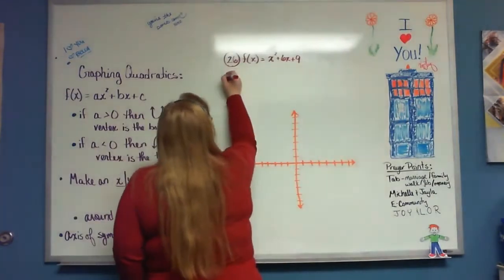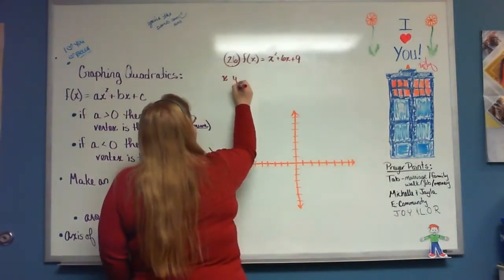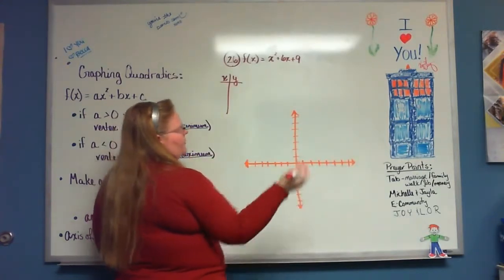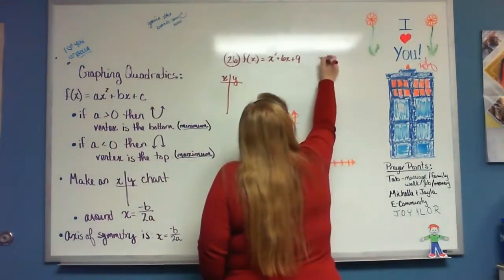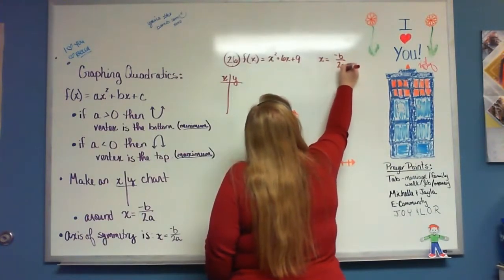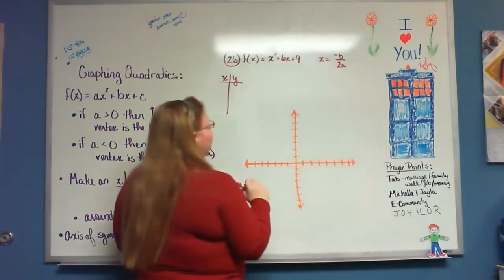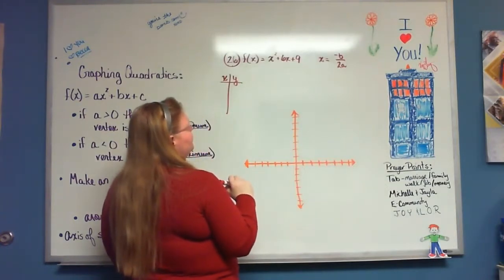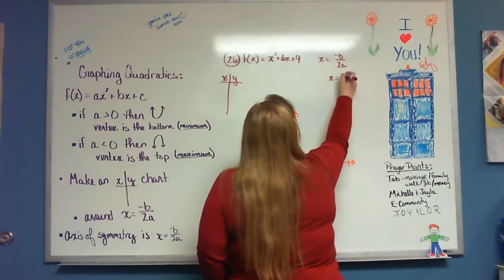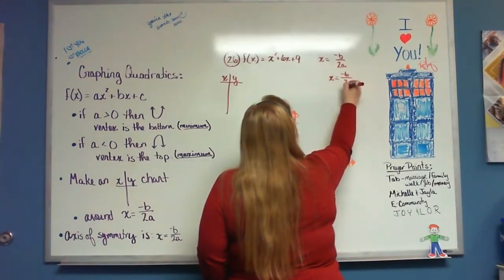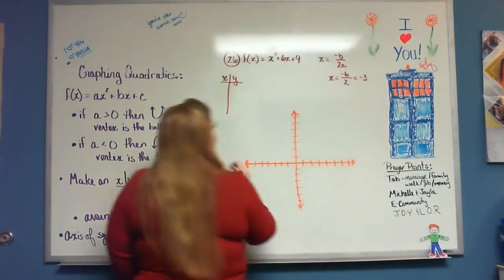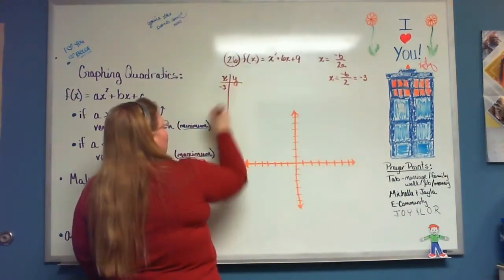Now, we know we have to do an x-y chart. We know that our starting point has to be x equal to negative b over 2a. So x is going to equal negative 6 over 2, which is negative 3. So I have to do negative 3.